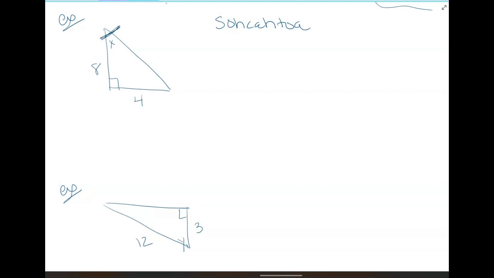So again, in reference to this angle, we have the opposite side and the adjacent side. And the trigonometric function that corresponds with that is the tangent, right? So the tangent of x equals the opposite over the adjacent.